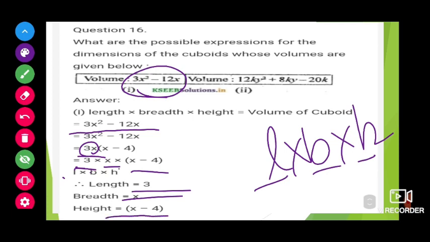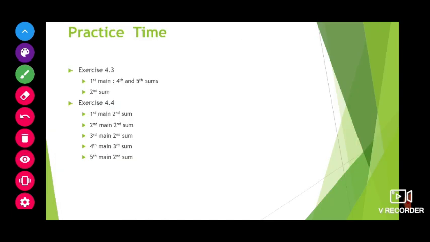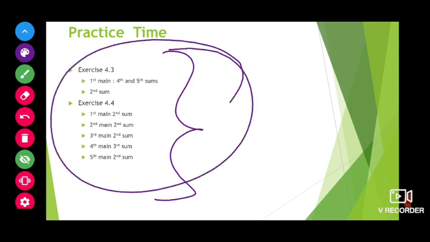That's it. Okay children, this is the last main problem. Now I did a long video, and one more request: don't try to understand the full video on the same day. Try to split it. One day, see exercise 4.3 till 4.4, then do that particular homework and submit in one week.